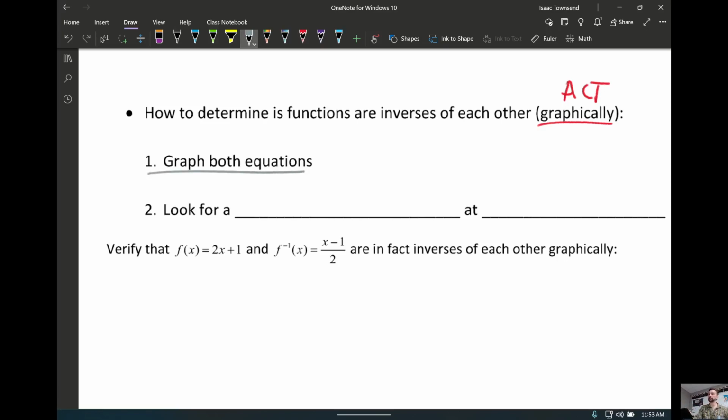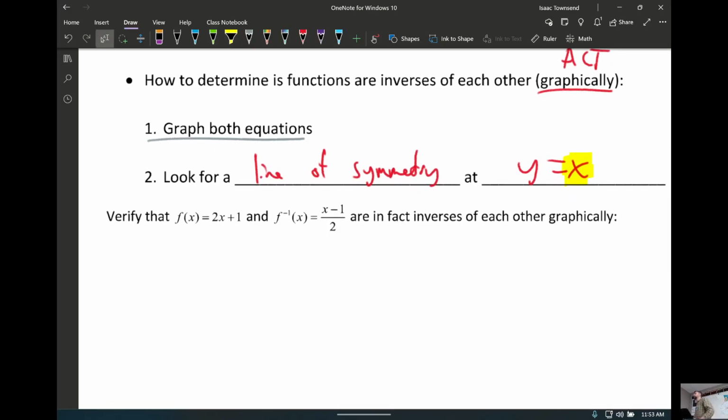And if they're really inverse functions, there will be a line of symmetry at y equals x. Just like when you plug them into each other and they simplify to x, same reason that guy equals x.